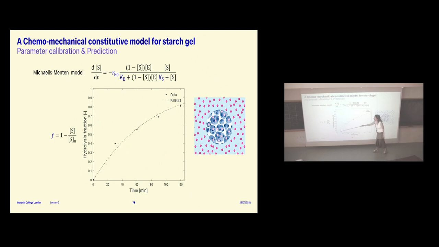I've got my 0, 2, 3, 4, 5 points, the data, and then we fitted this kinetic model, which is a very common model apparently in the literature, which shows you how the starch degrades with time. E here is the enzyme concentration, and the things in blue are parameters which you can now fit because you've got those data.